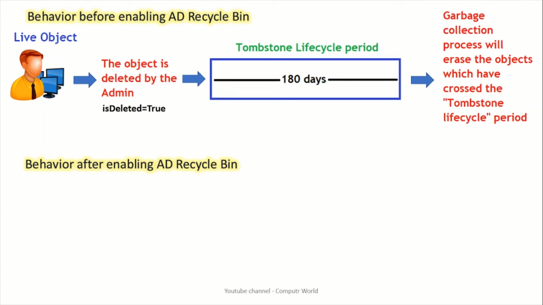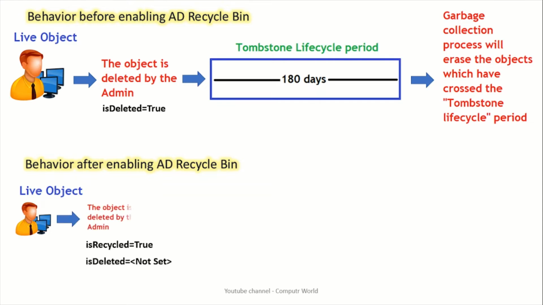Now let us understand what happens when we enable the Recycle Bin for Active Directory. So again, this is a live object. The object is deleted by the admin. Now there is one more attribute called is recycled.